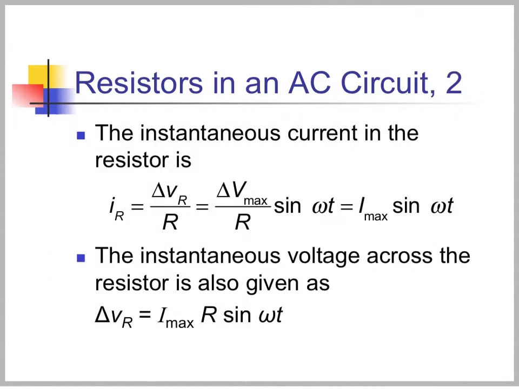The instantaneous current in the resistor is the voltage across it at any instant divided by the resistance, or delta V max over R sine omega t, which is just I max sine omega t. So the instantaneous voltage across the resistor is also given by I max R sine omega t.